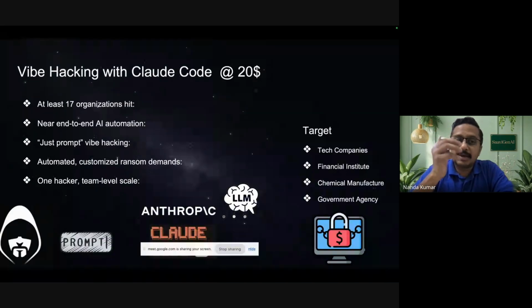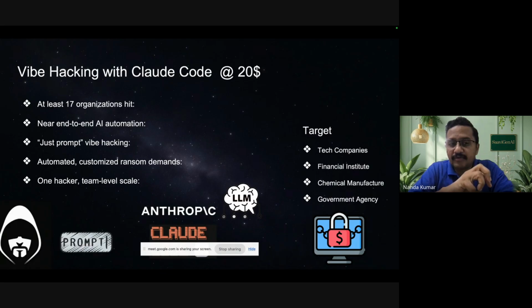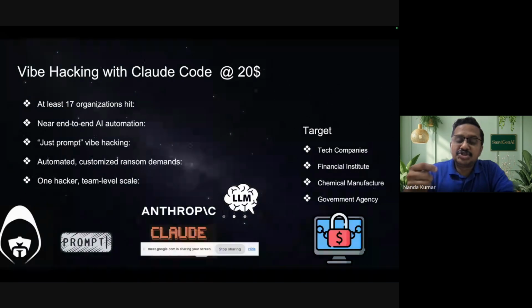It's all dynamic, meaning not all 17 organizations are in the same domain, right? Some of them are very big organizations, some of them are very small organizations. So Claude was able to understand the database that was encrypted, and based on the company's value, it changed the ransomware cash, the Bitcoin that it was going to ask for, based on the customer profile.